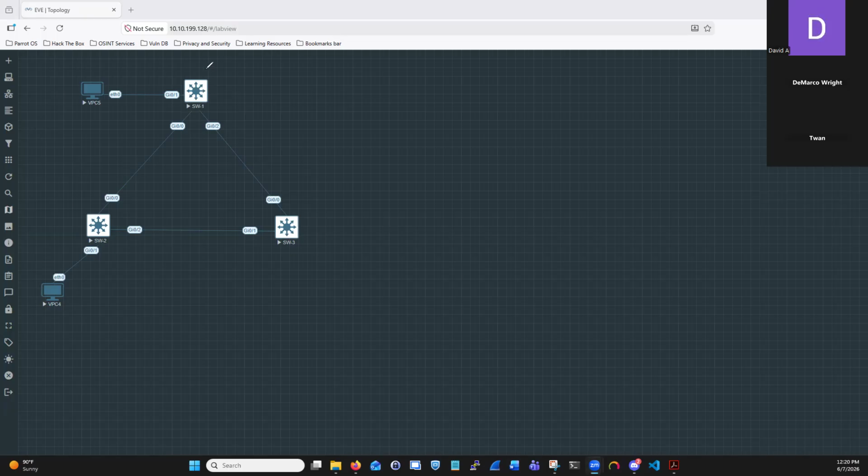Right? So if this MAC address reads PC5's MAC address here, and we're not using spanning tree, just like we talked about, there are broadcast storms all over the place, right? And again, we talked about the three major functions of a switch. Those first two functions, it's doing its job. It's forwarding frames, right?